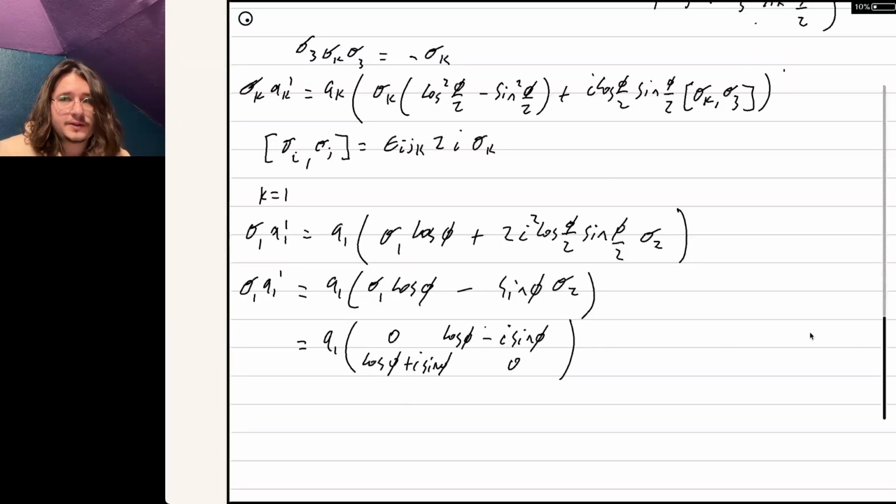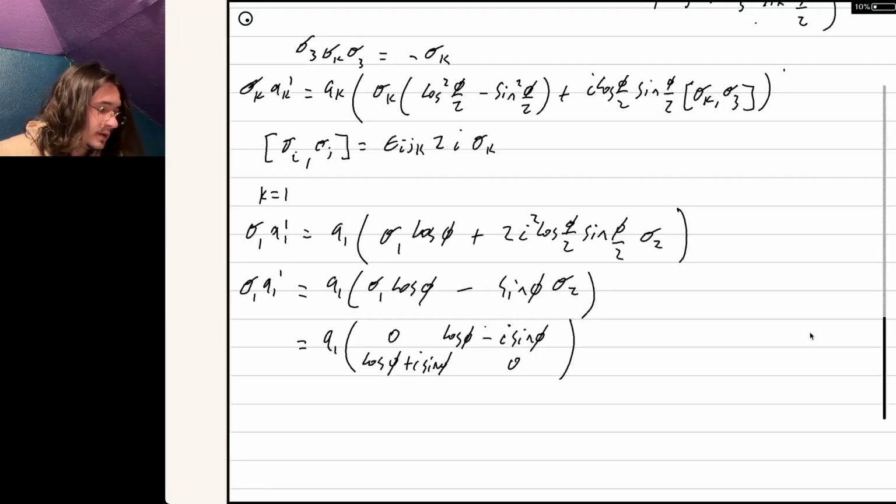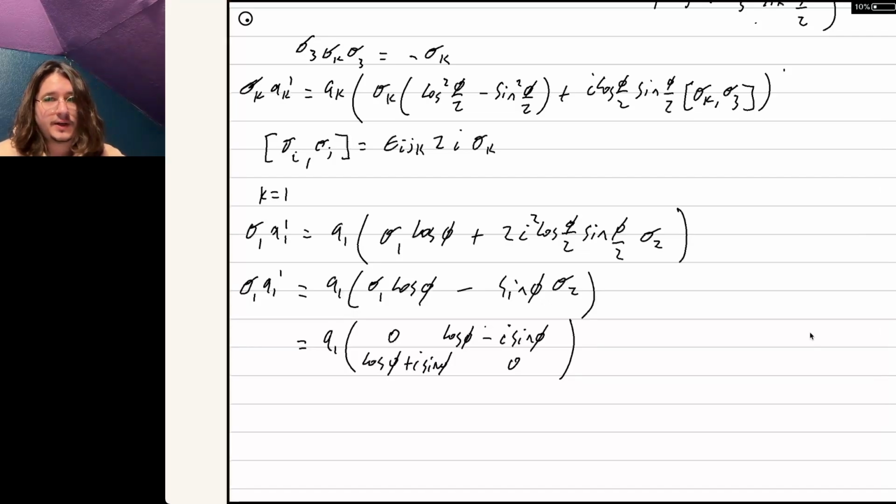So it's kind of just a rotation. And if you do the same with any of the other k's, you're going to find that you're just doing a rotation on each of these.